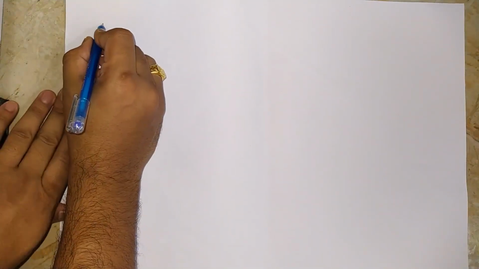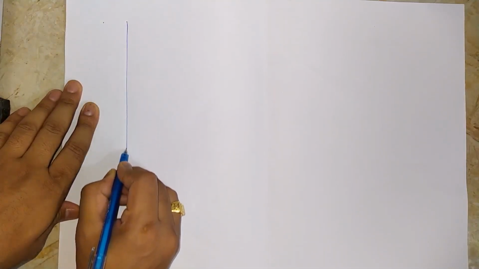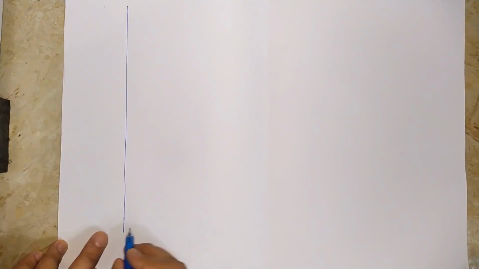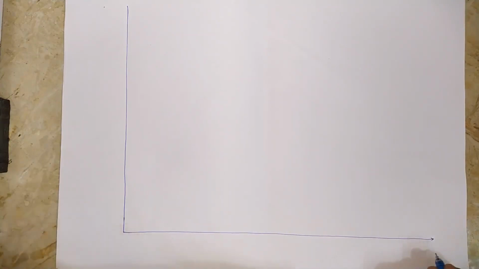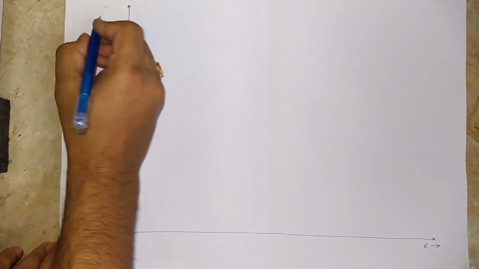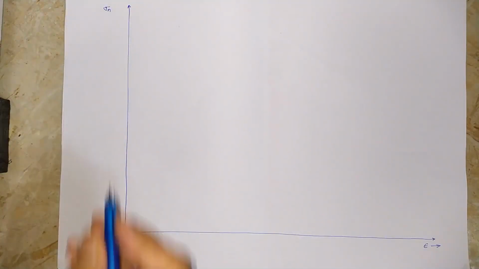Okay, so on the y-axis we will take the stress, and on the x-axis we will take the strain. So strain goes along the x-axis, and stress, or the resistance offered by the material, nominal stress, we will take along the y-axis.